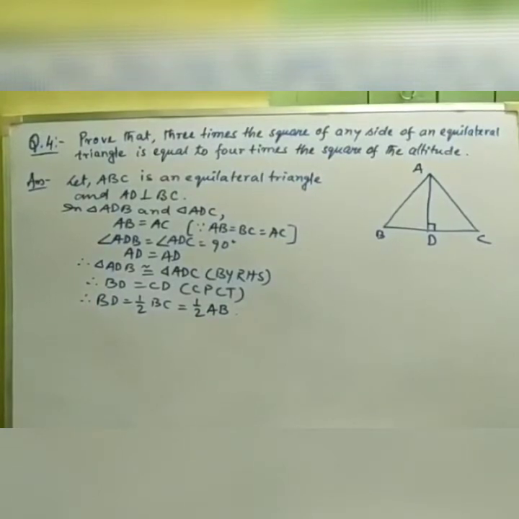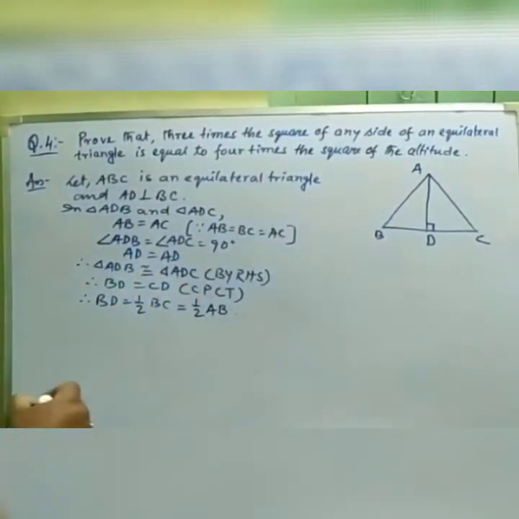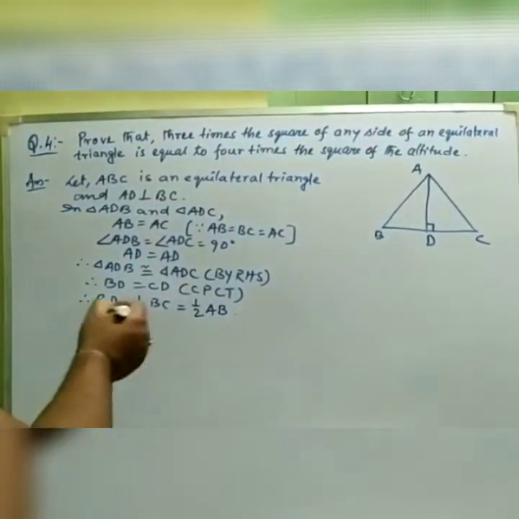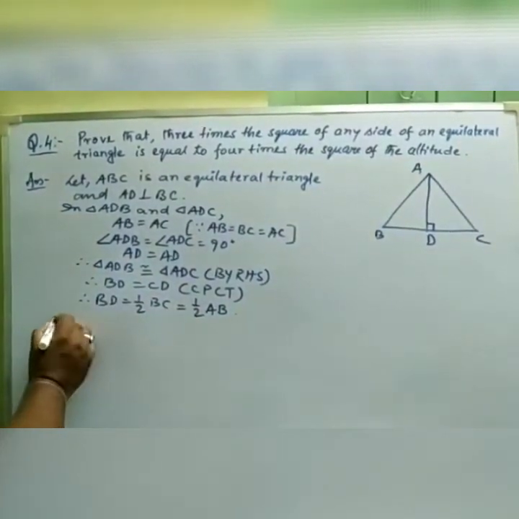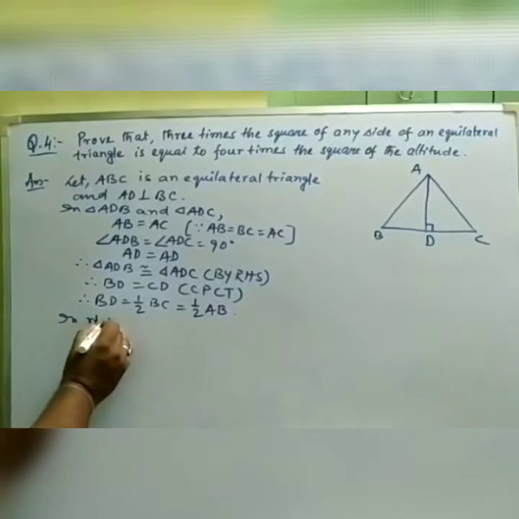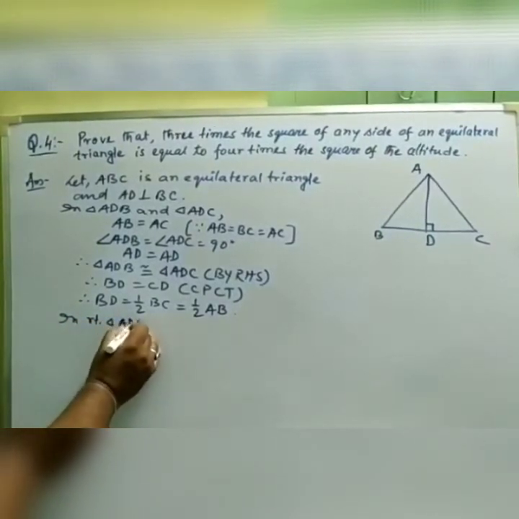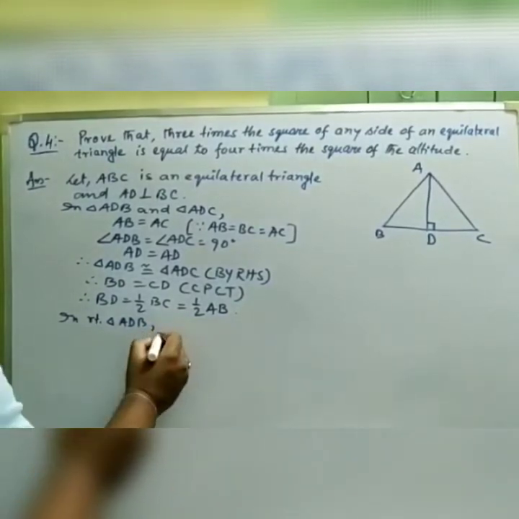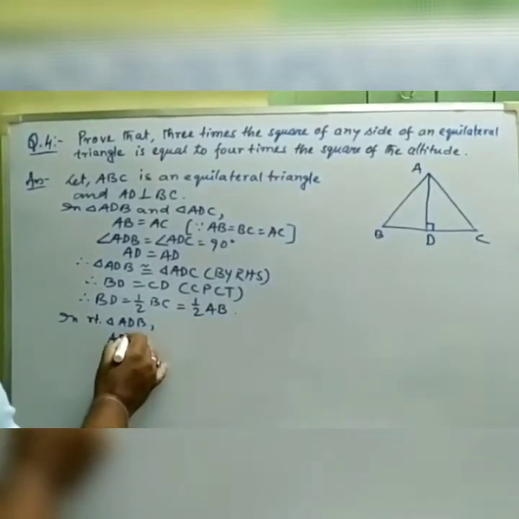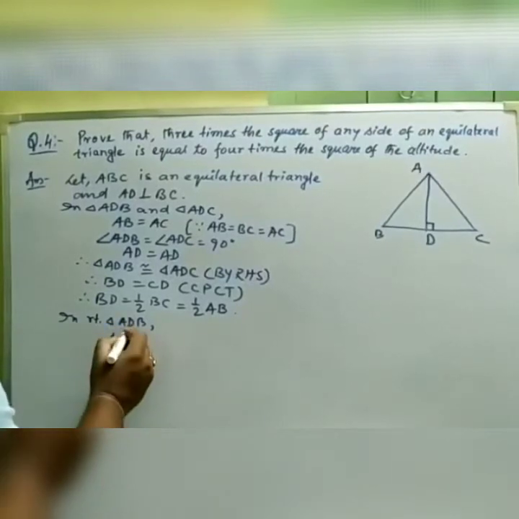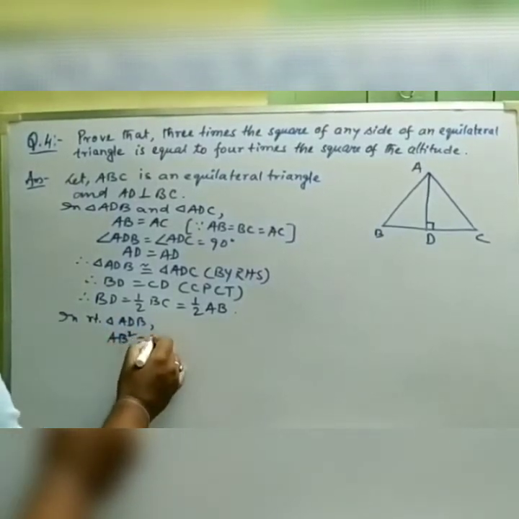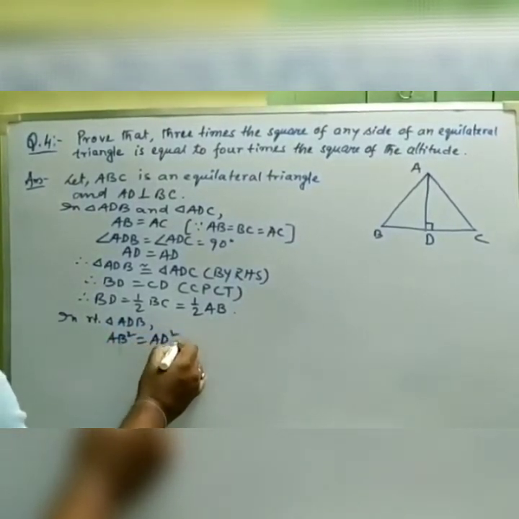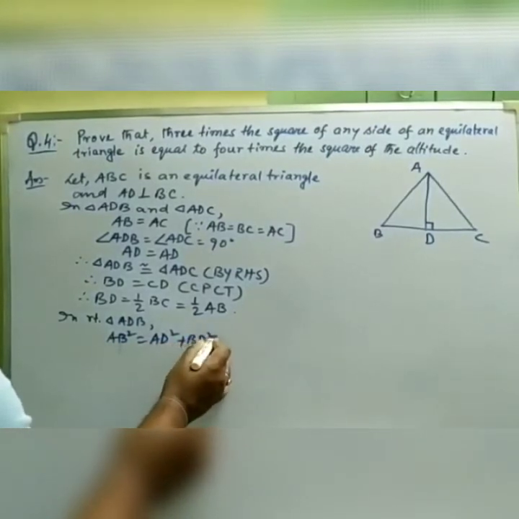Now in right triangle ADB, we can use Pythagoras. So by using Pythagoras we can write AB square equals AD square plus BD square.